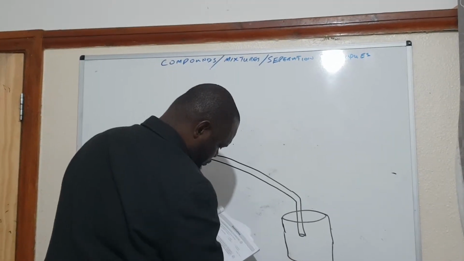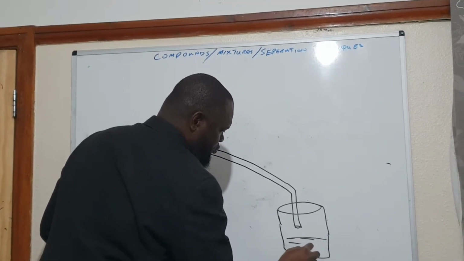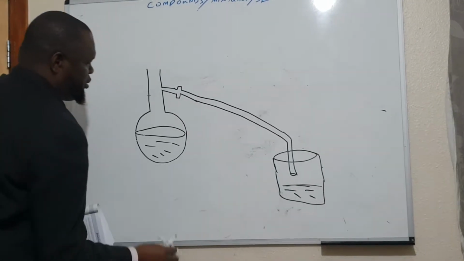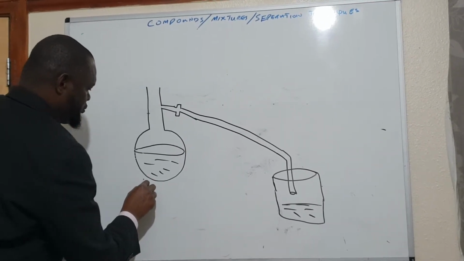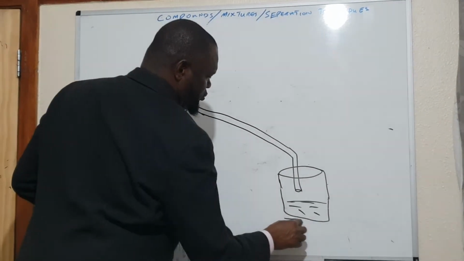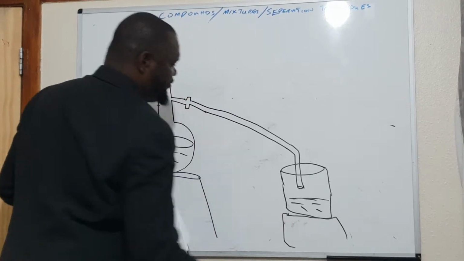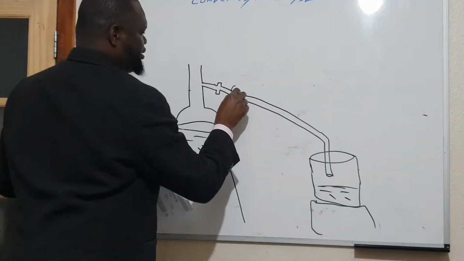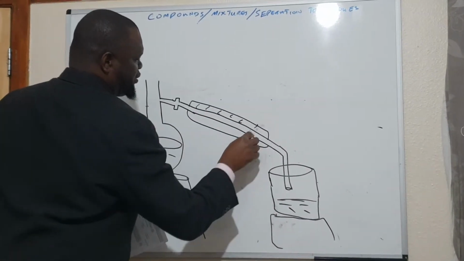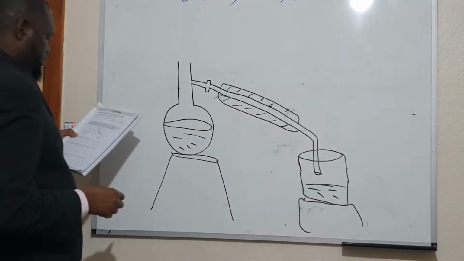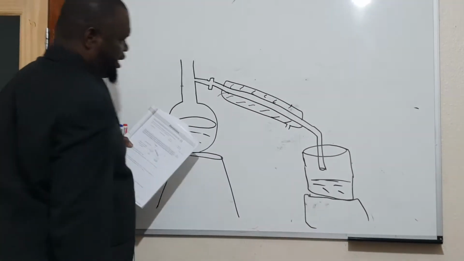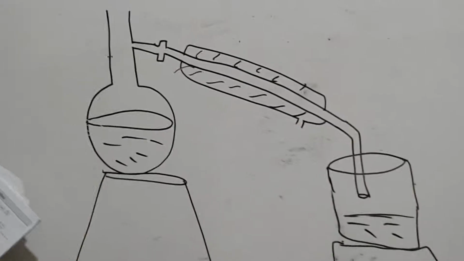Let's say we have heat here. Now this thing is standing on something else, so the level here, and then we have the condenser around this. It will condense the gas. There's an outlet here so that water can go out.